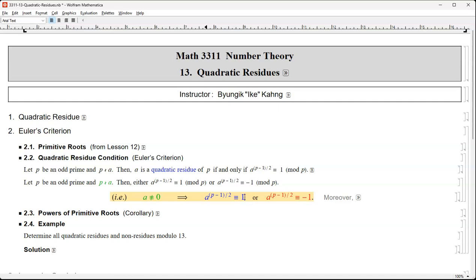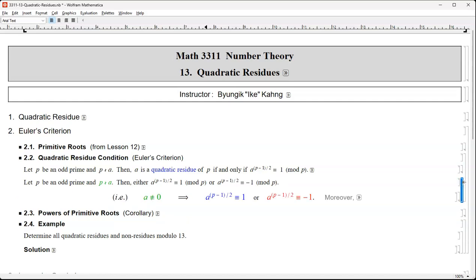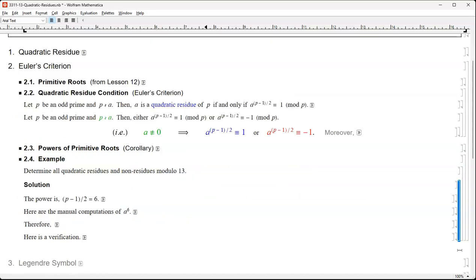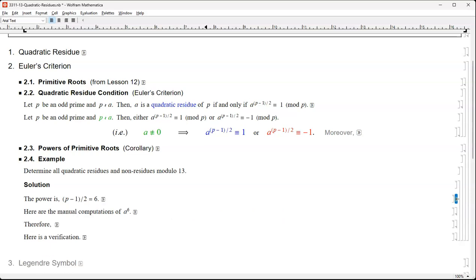If 1, then quadratic residue. If negative 1, then quadratic non-residue. So we can check all those manually, one after another. P minus 1 over 2 is 6 in this case. 13 minus 1 over 2 is 6.